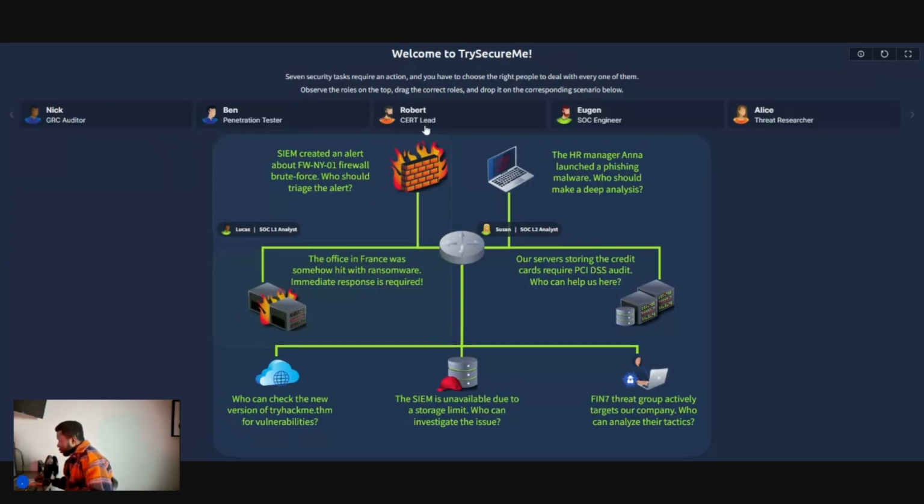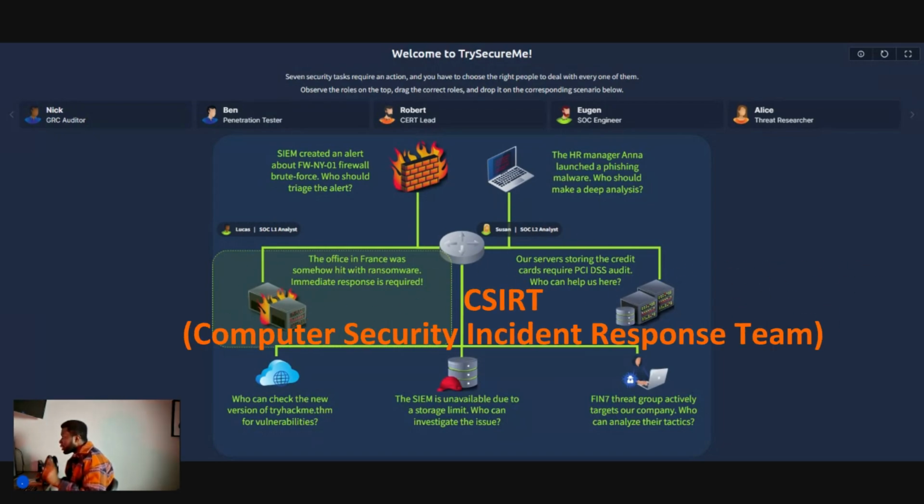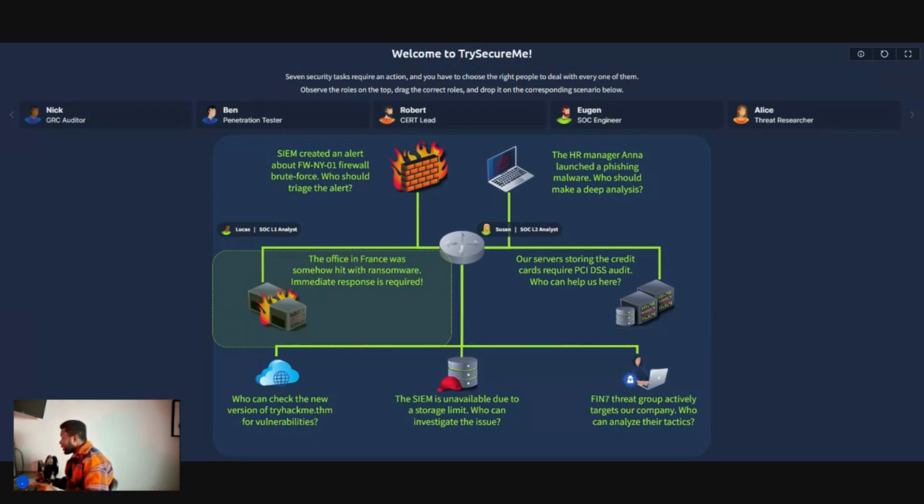Now, of all the persons left here, the CERT lead is the person who we would place here, because anyone who is bearing the title CERT or CSIRT, these roles are basically and purely incident response roles. They come in to help salvage the situation. And we are going to bring Robert down here.